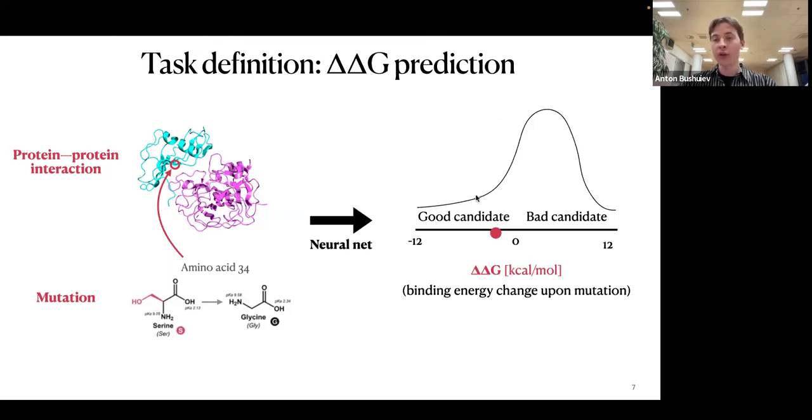And what is very important to mention is that the distribution of delta delta G values typically looks like this. The majority of random mutations are in fact not interesting for us because they only disrupt the interaction and have positive delta delta G. But some of them really improve the binding, and we are interested in identifying or detecting them using a machine learning model.